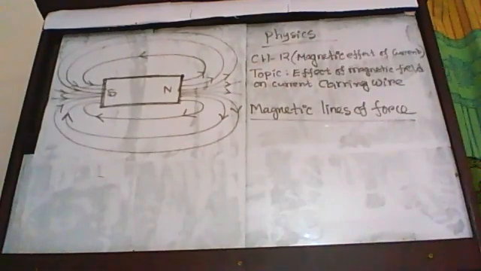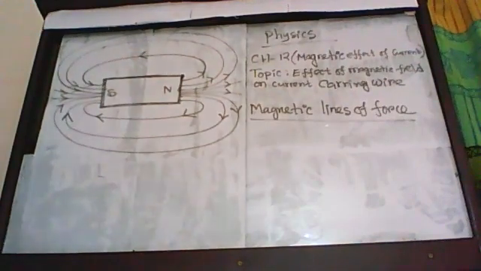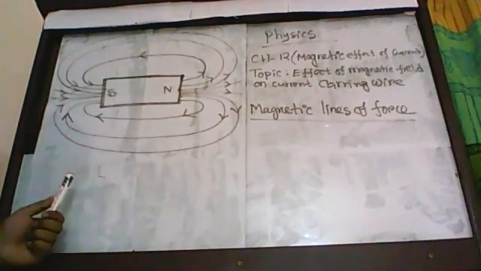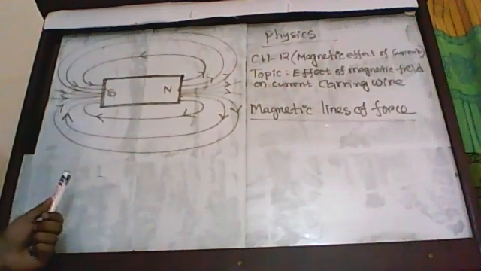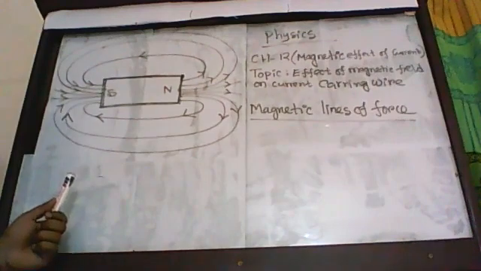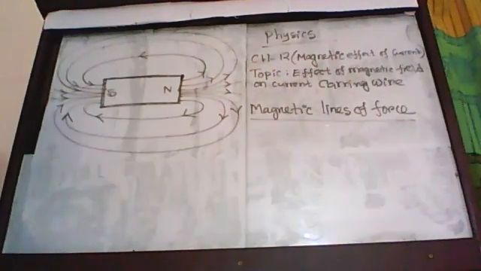And these imaginary lines are called magnetic lines of force. These imaginary lines are called which quantity? Magnetic lines of force. So I can say that magnetic lines of force are imaginary lines.